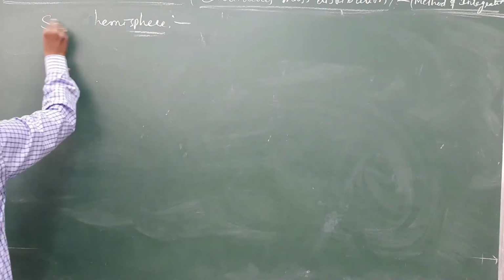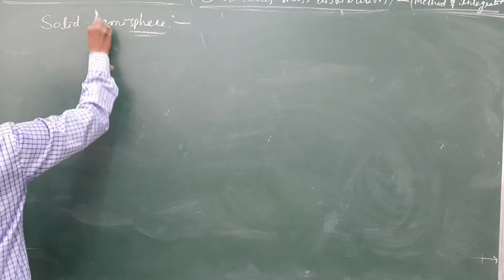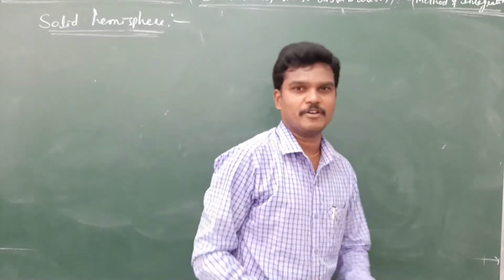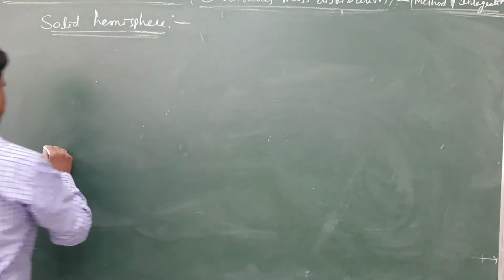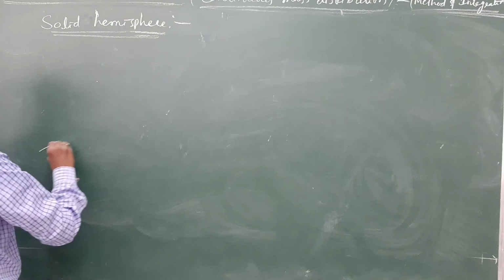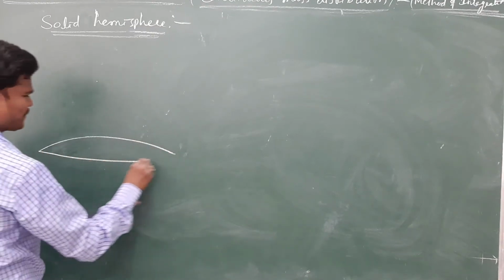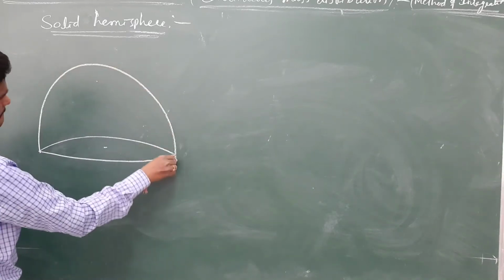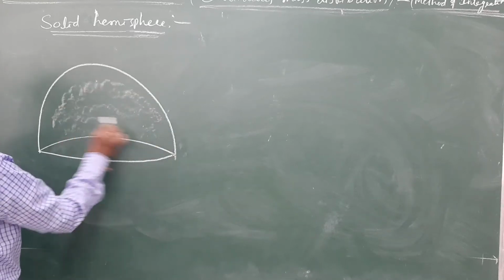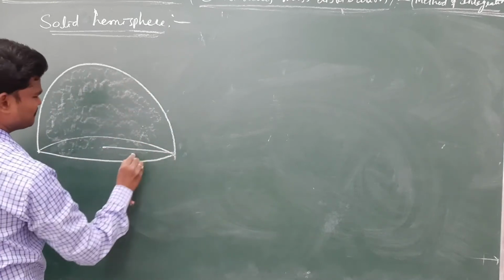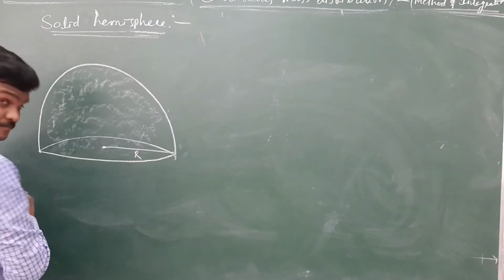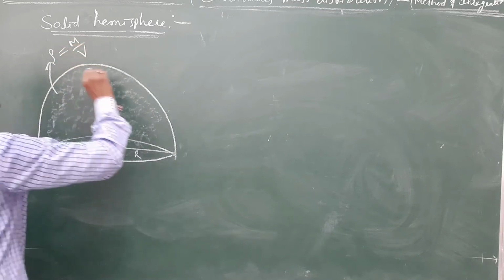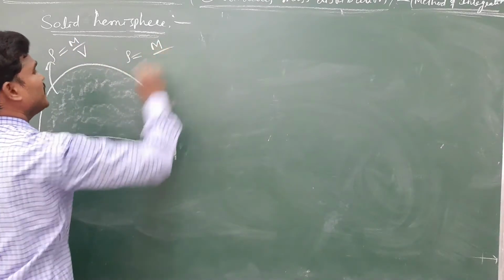So the next one is a solid hemisphere. Solid hemisphere, okay, meaning a volumetric object. Again the solid hemisphere has radius r, and its density rho is mass by volume.